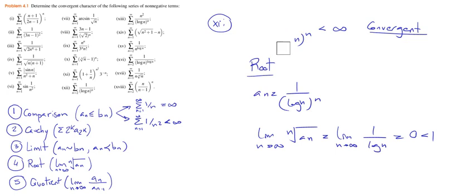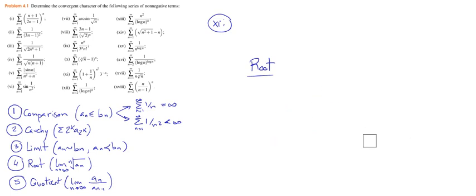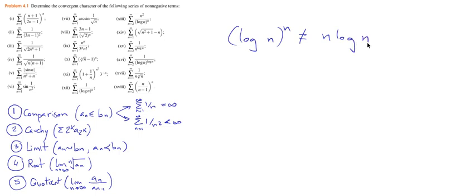I think we could try and use maybe the quotient test here, but I'm not going to do it. And oh yes, it's important to see one thing. The logarithm of n to the n is not n times the logarithm of n. This is the logarithm of n to the n, which is not the same.